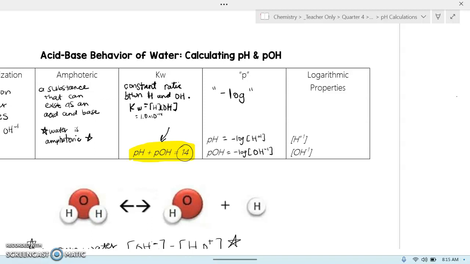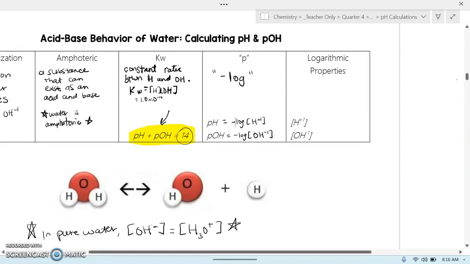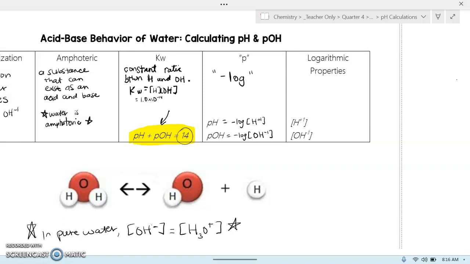So just a couple of logarithmic properties before we do some examples with this math. So grab a calculator if you don't have one. Logarithms relate tenfold change. Log base 10. And since we're working with concentration, we're just going to keep it in terms of that.